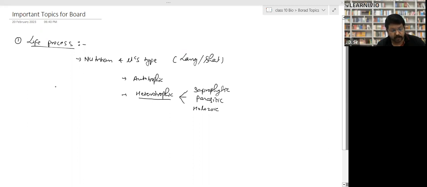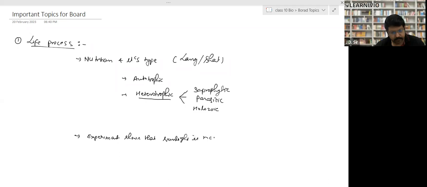That experiment is important. Let me write it down, and the heading is: this experiment shows that sunlight is necessary for photosynthesis.